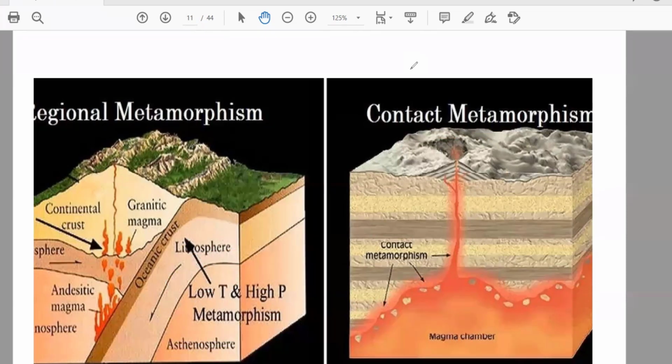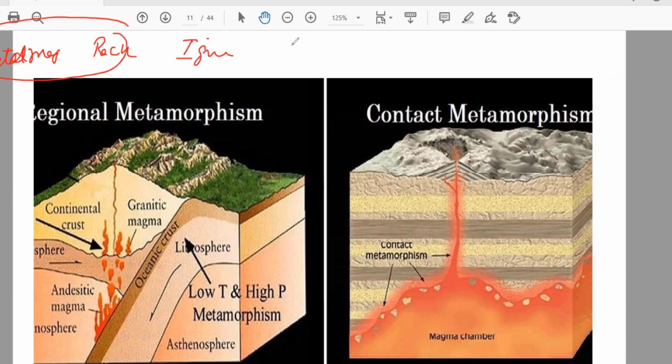Okay, again, I'm telling you, please try to understand this one. Now you know the metamorphic rocks. What are they? They are rocks formed from existing rocks. What are existing rocks? We have igneous and we have sedimentary. Sedimentary or igneous rocks can convert into metamorphic rock. But for that, what do they need?